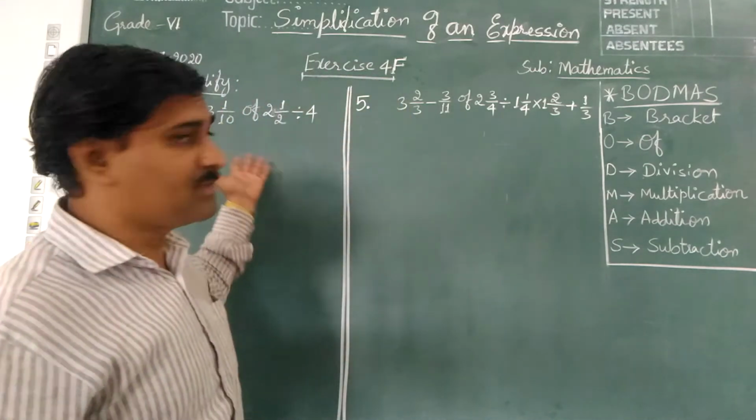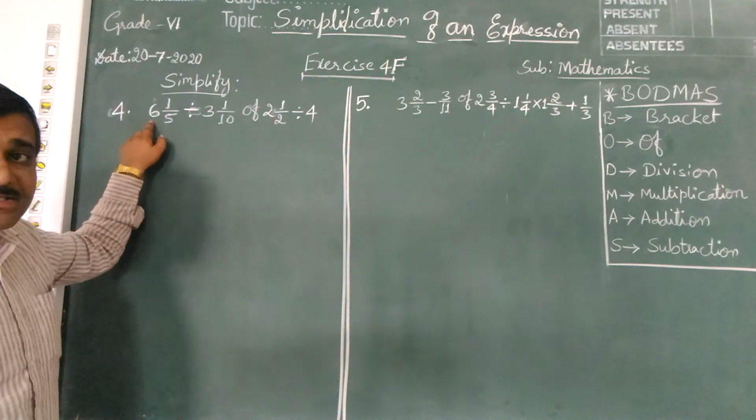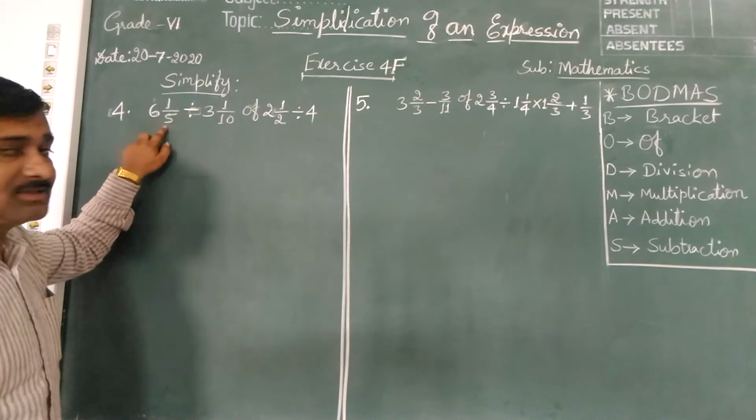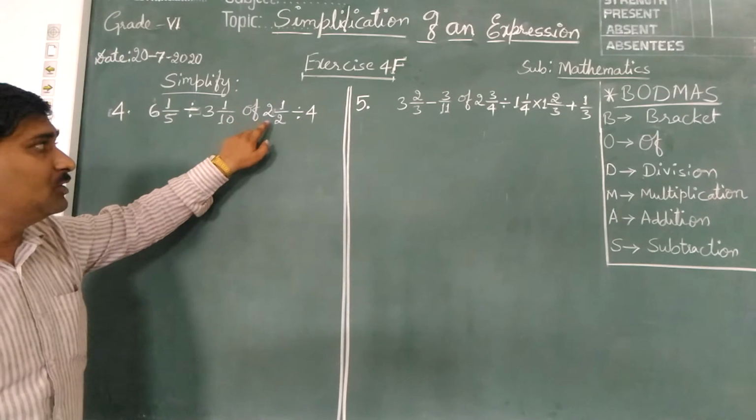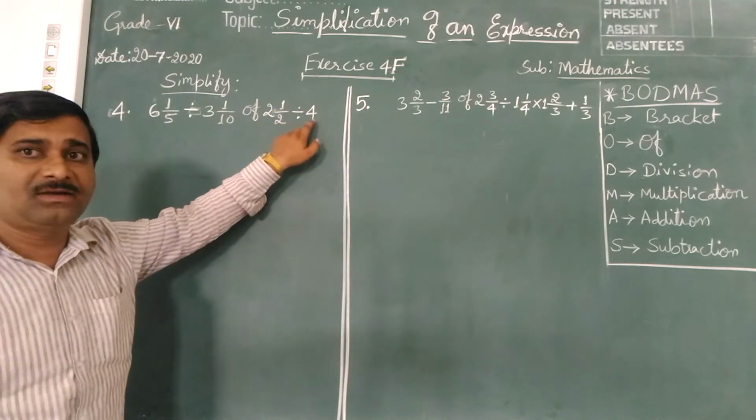So this is the next expression, that is 6 1 by 5 divided by 3 1 by 10 of 2 1 by 2 divided by 4.